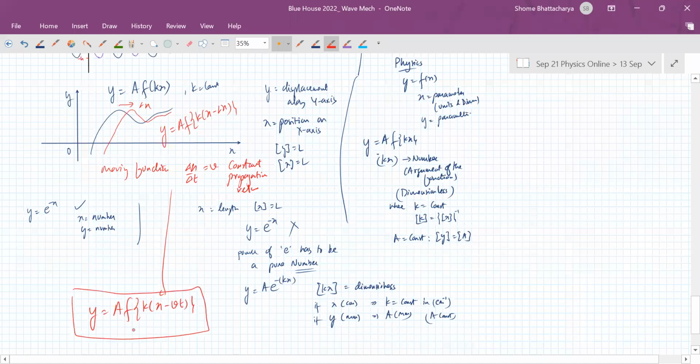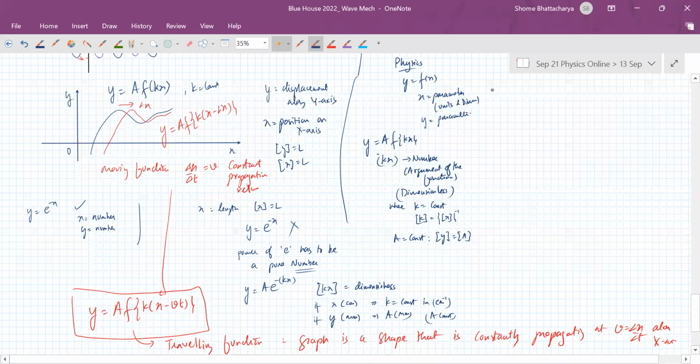Now you can see that this becomes a traveling function. Its graph is a shape that is constantly shifting, propagating at delta x by delta t along the x-axis.